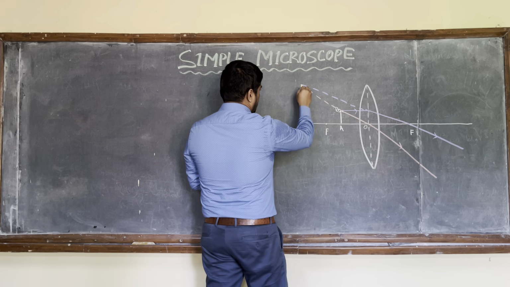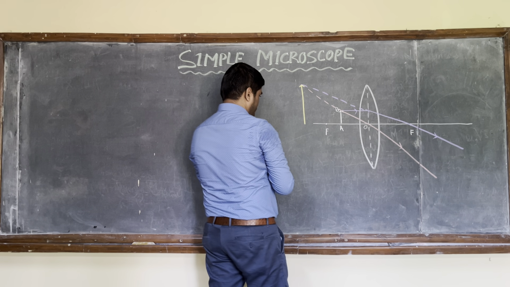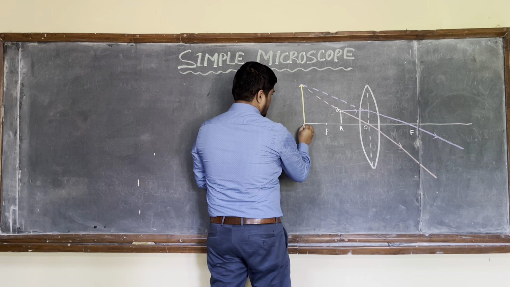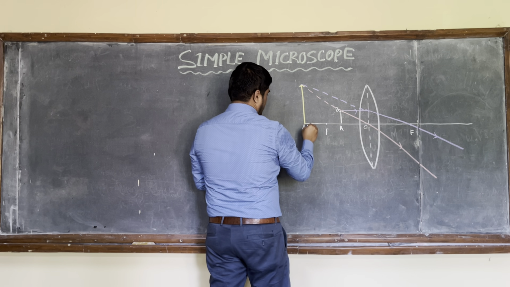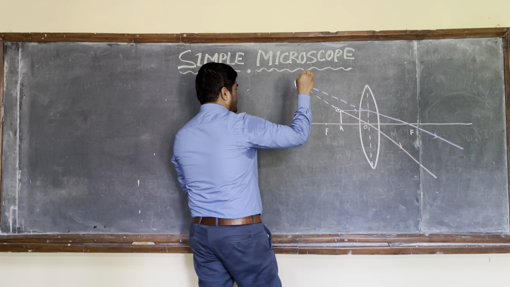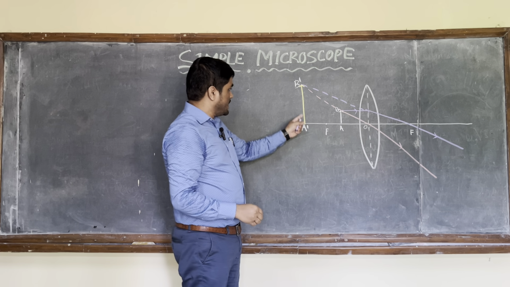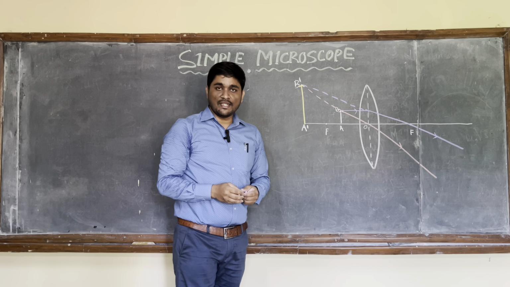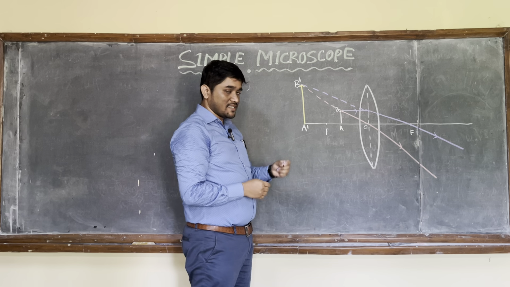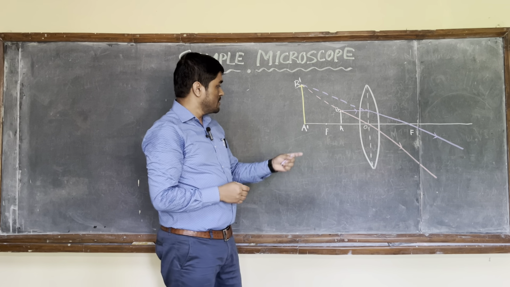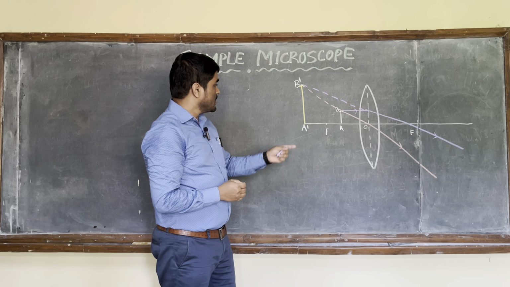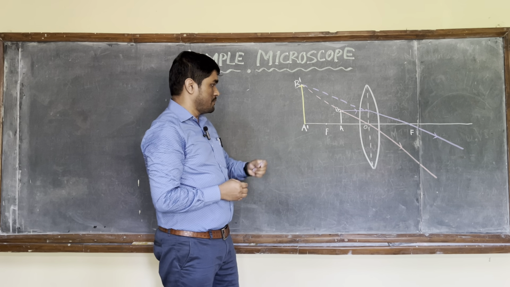So the image will form here. So this is A dash B dash, and A dash B dash is the virtual image which is erect and enlarged. So this will be the image form.